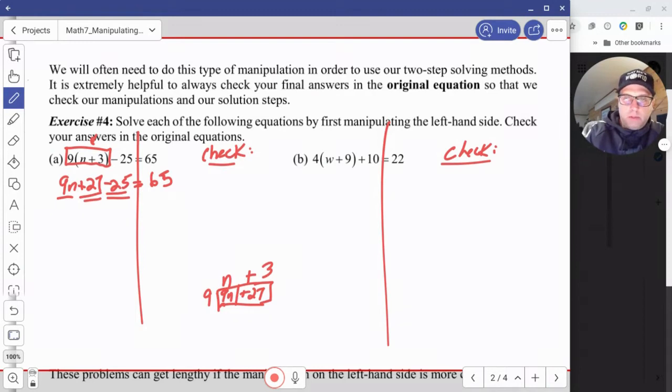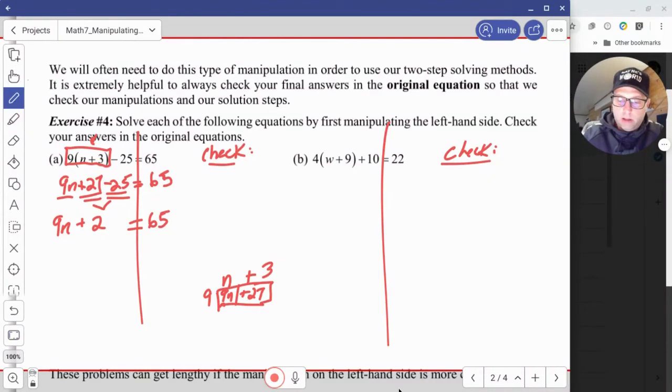So I am still in the S part of SIC. I'm still simplifying. So the 9n has no more friends, but the plus 27 minus 25 combine, right? If I add 27 and then subtract 25, I'm still above 0. As a matter of fact, I'm at plus 2. So 27 minus 25, very simply, is positive 2. The rest falls through.